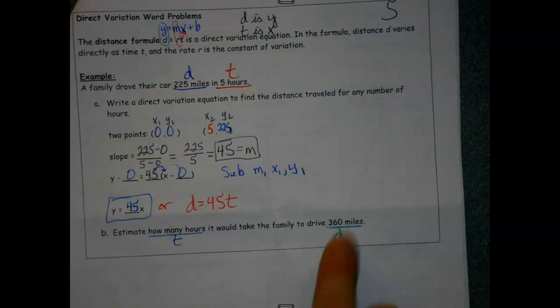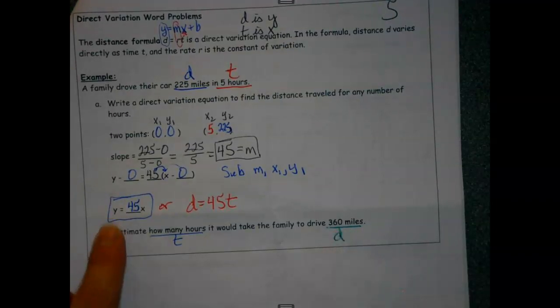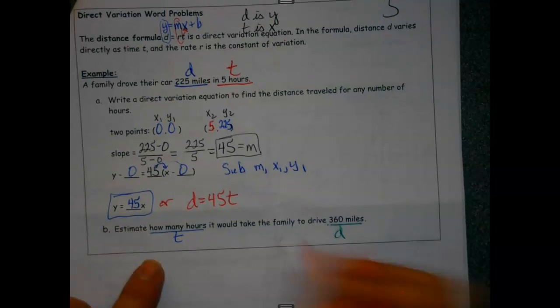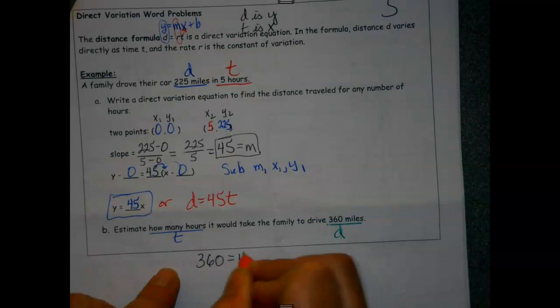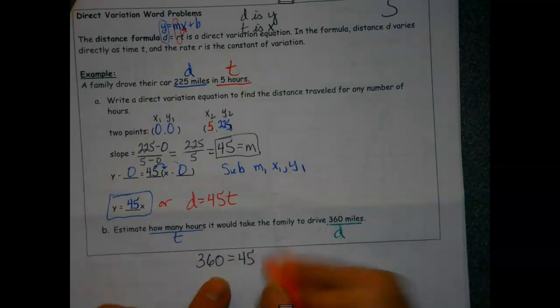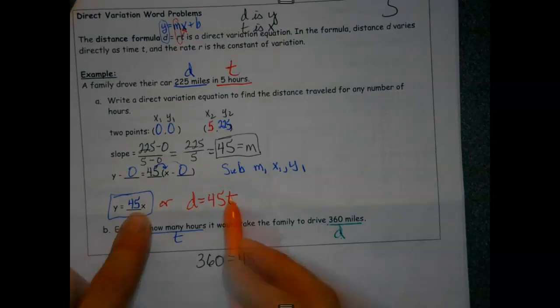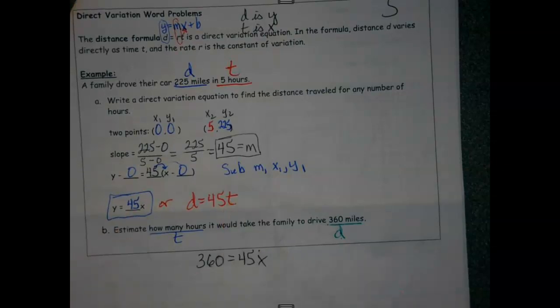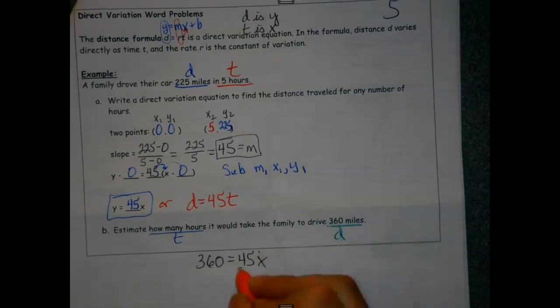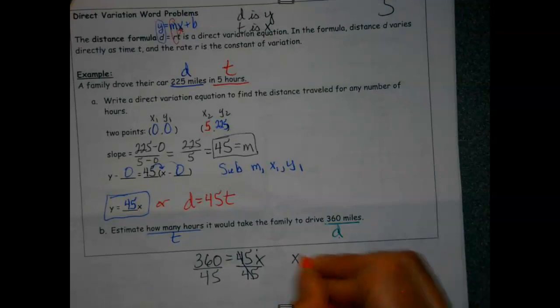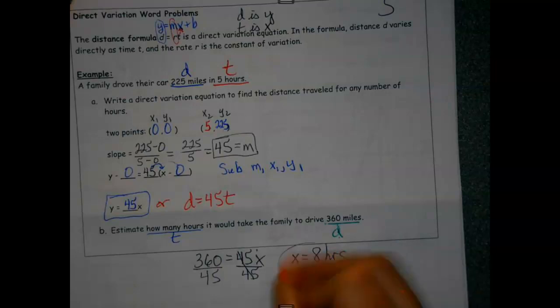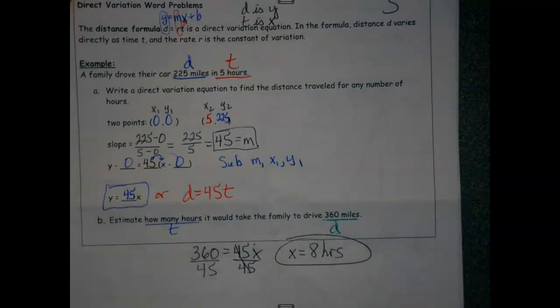Right. That's just my y in here. So when I go to make my equation, whether I have it as d or y, it's going to be 360 equals 45x or t, because I'm plugging those two numbers in. So whichever one of those makes more sense to you would get me where I'm trying to go.